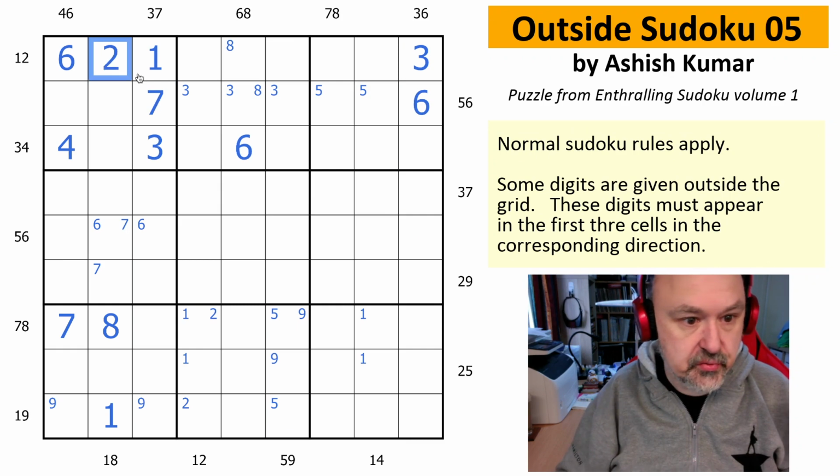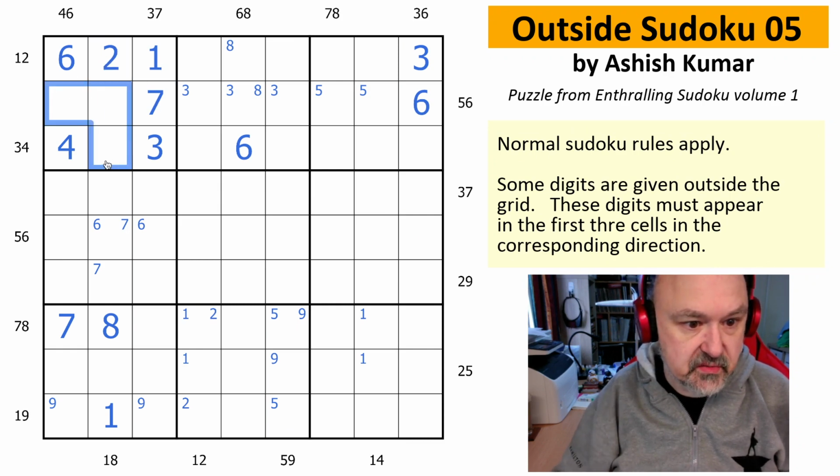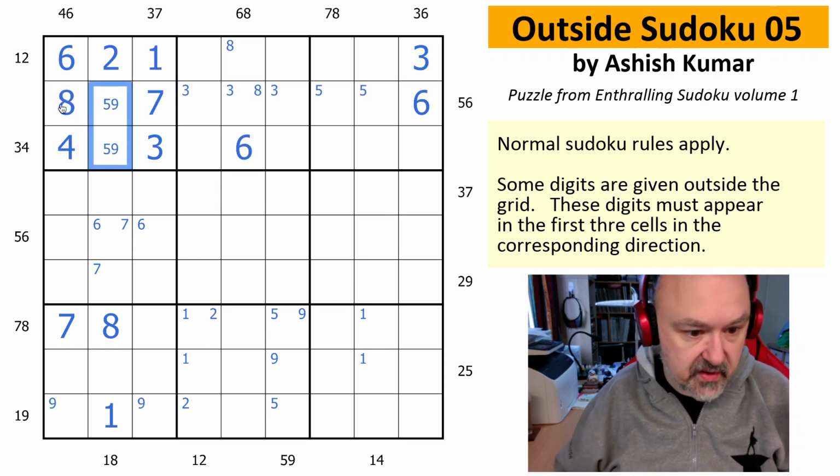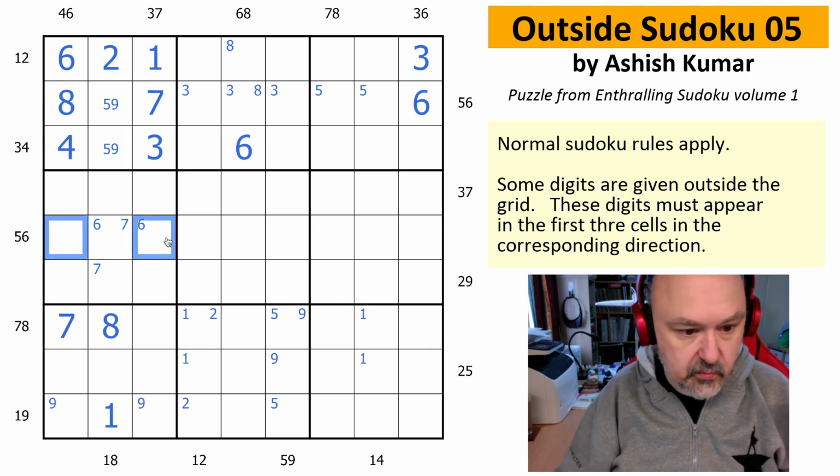We need to put a 2 in that row. So we've now got this down to 1, 2, 3, 5, 8, and 9. The 8 must be there, and we've got a 5, 9 pair. That means 5 is in one of those two.